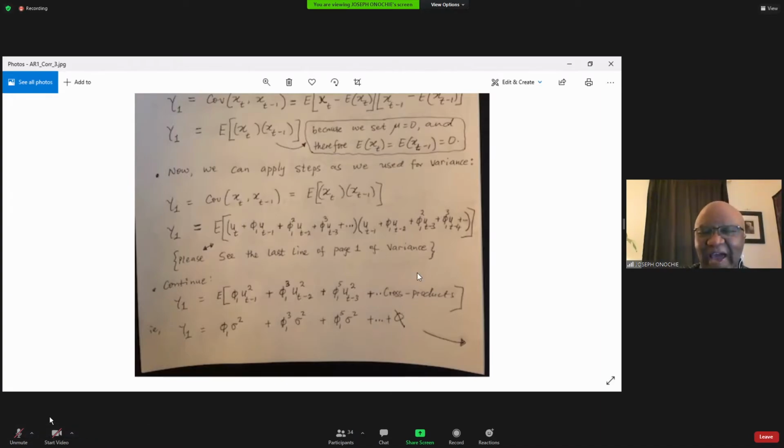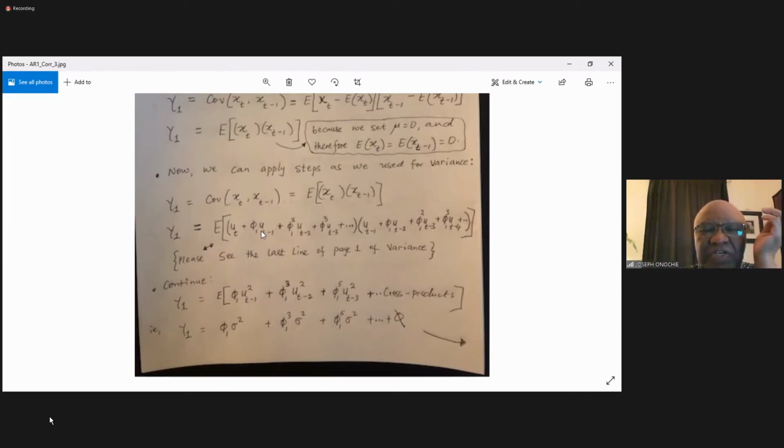So that's why I put everything as cross products, okay? So that when I hit E with cross products, everything goes to 0. The things that do not go to 0 are when I have ut minus 1 and ut minus 1, ut minus 2 and ut minus 2. So I'm squaring them. So all of this I keep. And don't forget, when I multiply this by this, one doesn't have the coefficient.